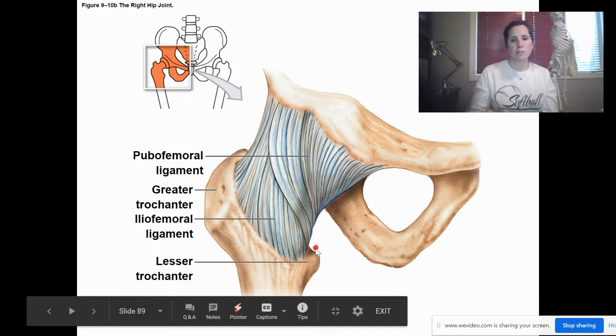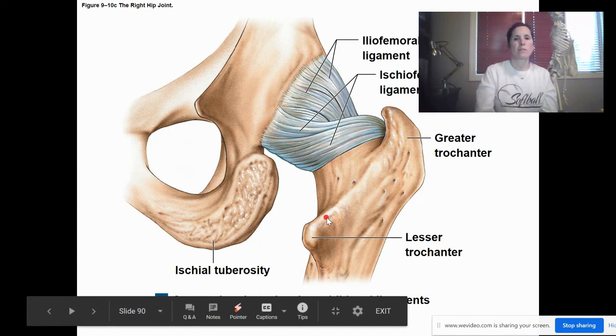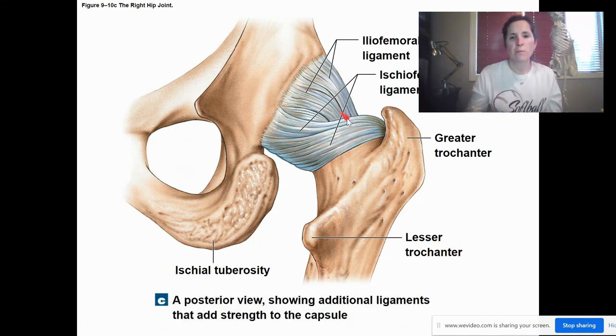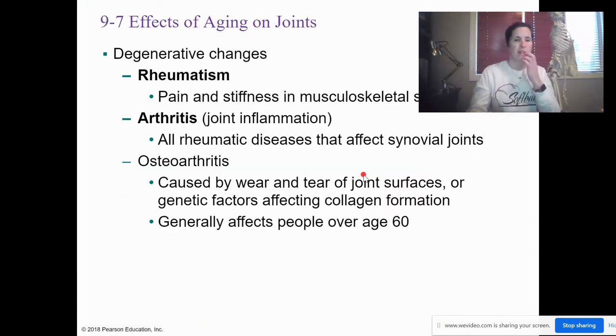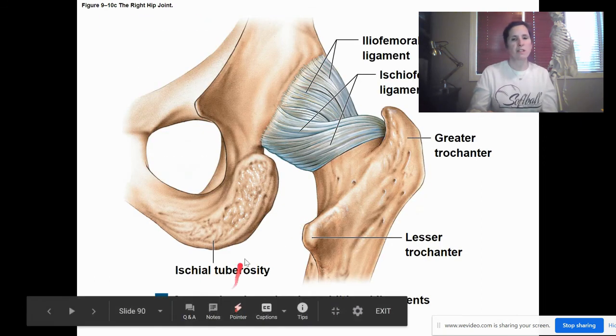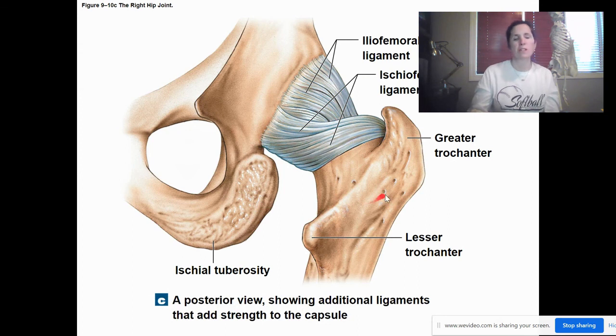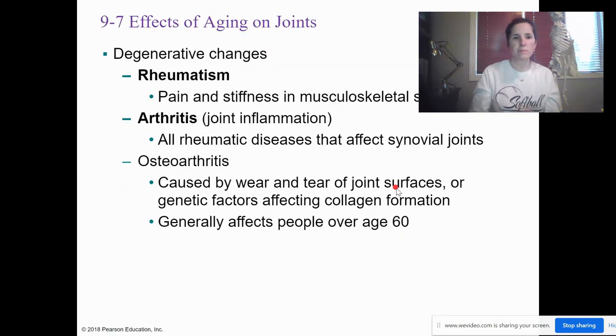So it looks like it's going to go tucked down under here. And then here again is the iliofemoral. And then here is the ischiofemoral. And I should have pointed out, this is a posterior view. You should have seen there's your ischial tuberosity, and here's your greater and your lesser trochanter you learned last chapter.